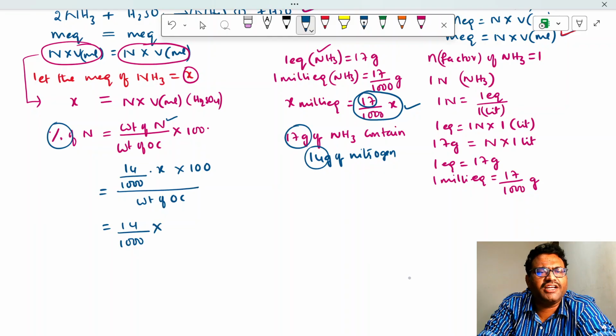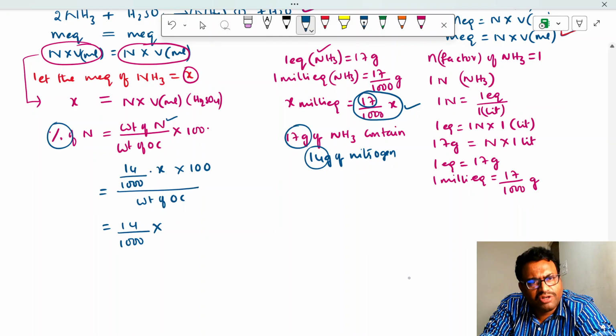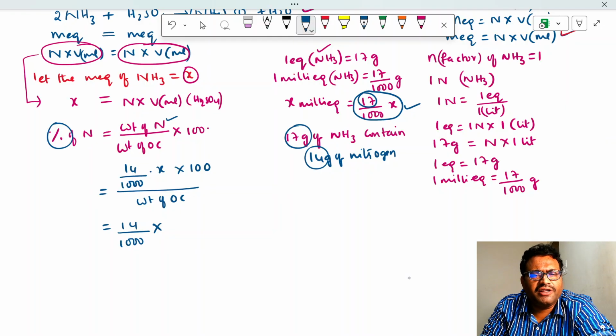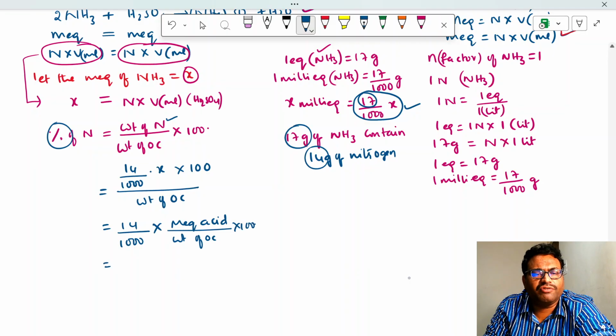X is what here? X is equal to milli equivalents of NH3. That milli equivalents of NH3 is equal to milli equivalents of acid, no? So I can write milli equivalents of acid, whatever the acid you take, H2SO4, by weight of organic compound into 100. That is equal to 14 by 1000.